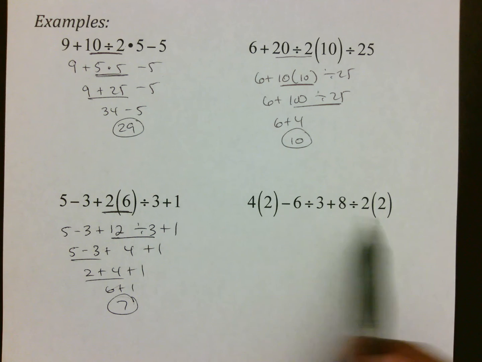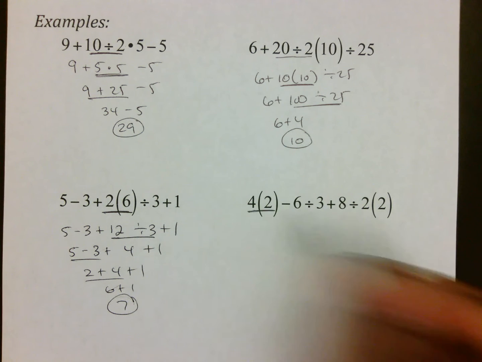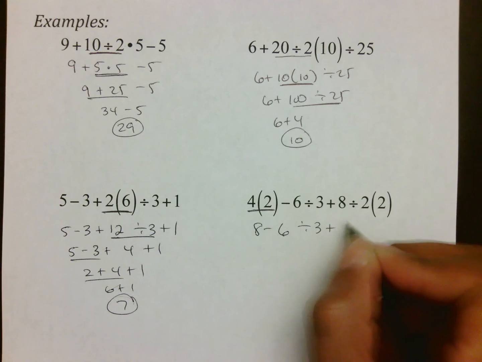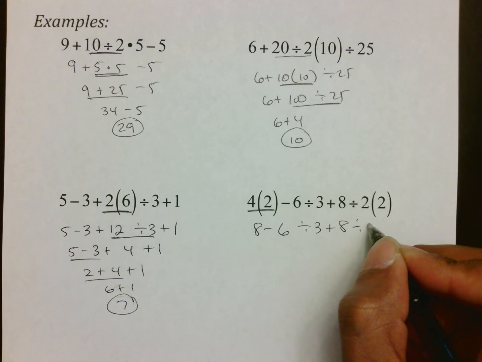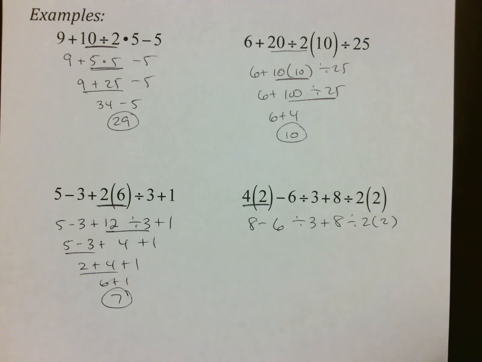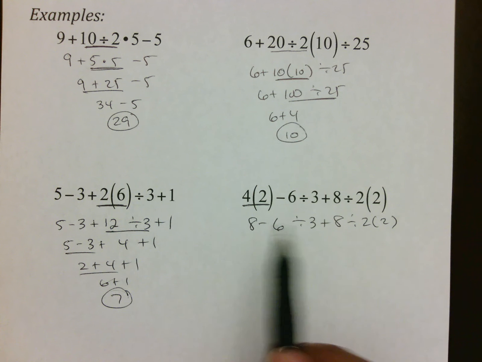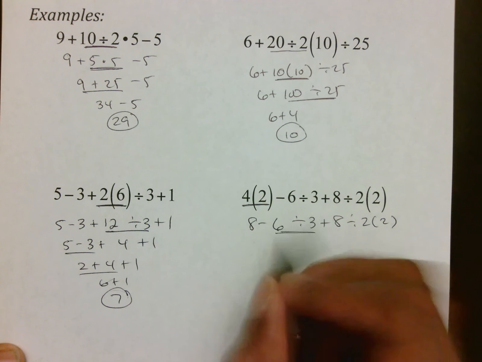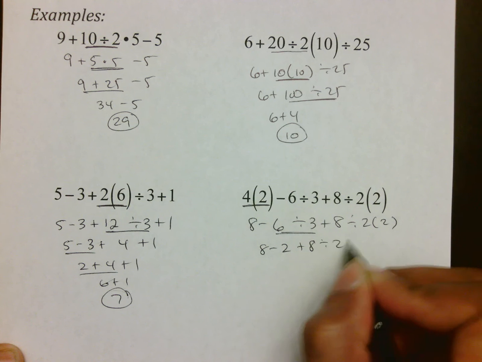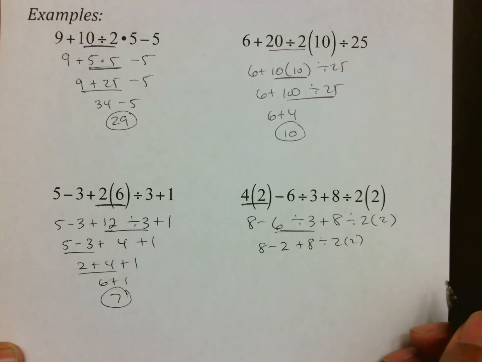Last example for this lesson. First VIP in line is 4 times 2. Rewrite everything else. The hardest part of doing this is typically the rewriting, because a lot of us like to rush through things, so just make sure you take your time when you're doing this. First VIP in line here is 6 divided by 3, so 8 minus 2 plus 8 divided by 2 parentheses 2.